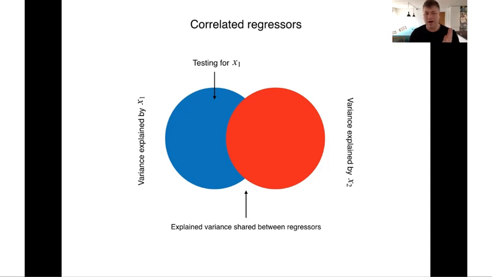It will be the part that is not explained by X2. And vice versa, when testing for the effect of X2, that could be negative symptoms. If positive and negative symptoms scores are correlated in this group, we would only be testing for the effect of X2 that is not shared with X1.